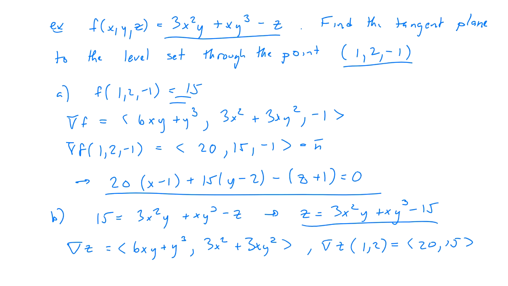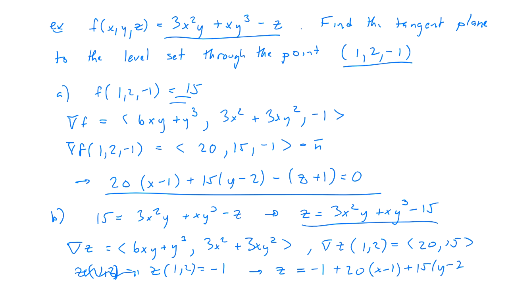And we know that z at the point (1, 2) is equal to negative 1. So we can get the tangent plane like we did in 2.3. And it's equal to negative 1 plus 20(x minus 1) plus 15(y minus 2).